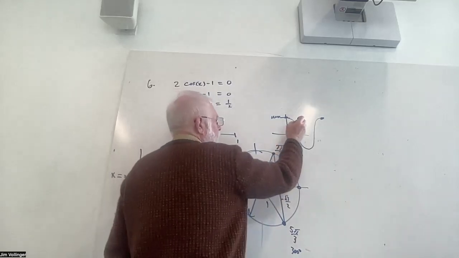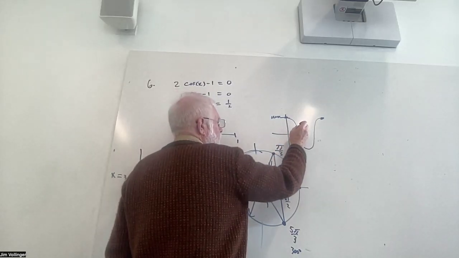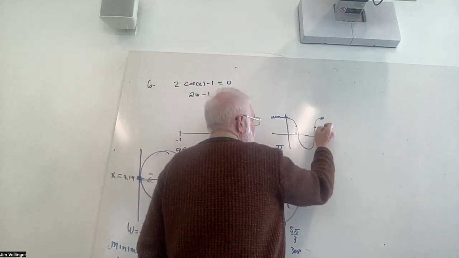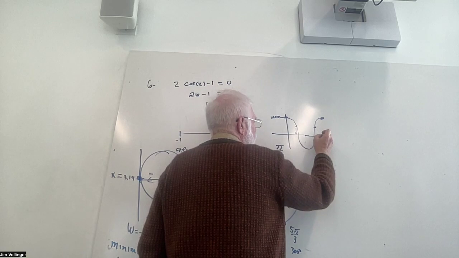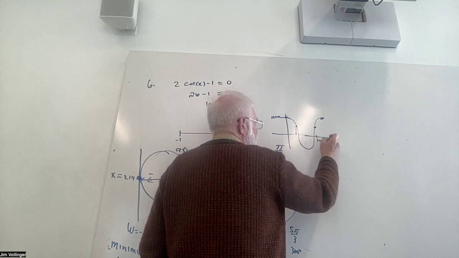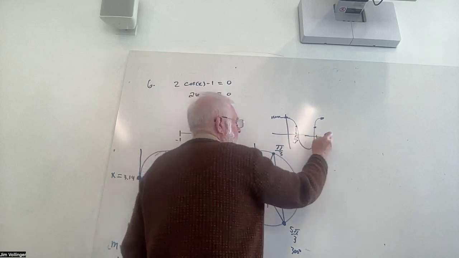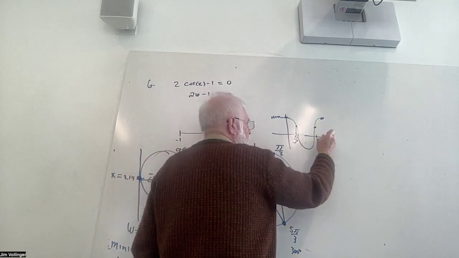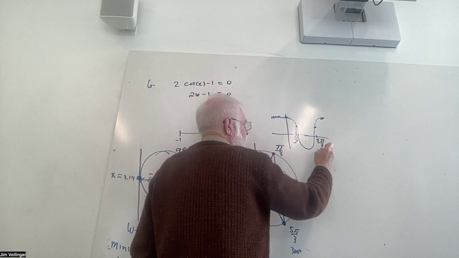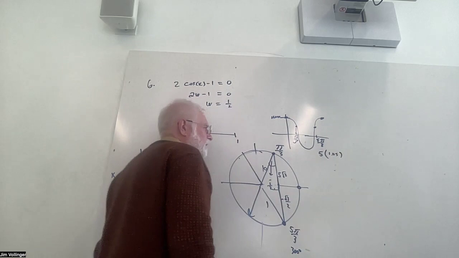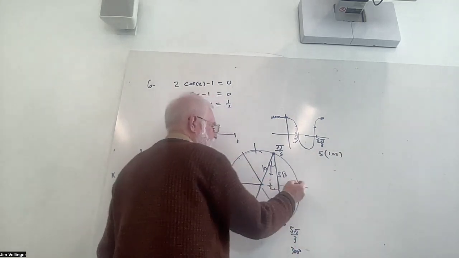That happened here at 60 degrees. And it also happened here at 300 degrees. Pi over 3, that x value, 5 pi over 3, that x value, 5 times roughly 1.05. Just to get a sense of how many radius lengths.